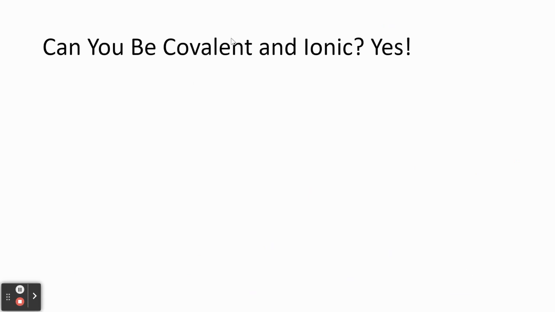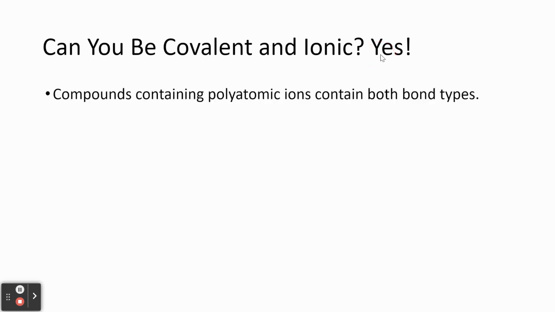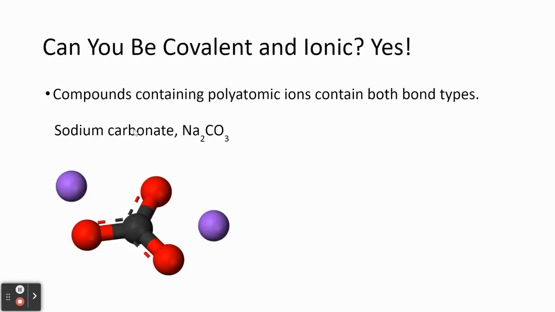Can you be covalent and ionic in the same molecule? The answer to that would be yes. Some compounds have what are called polyatomic ions in them. Those are ions that contain many atoms. Sodium carbonate is an example of that. Carbonate is a polyatomic ion. It's made out of carbon and 3 oxygens.